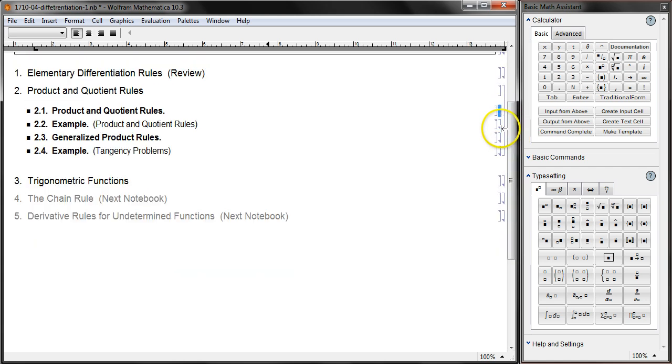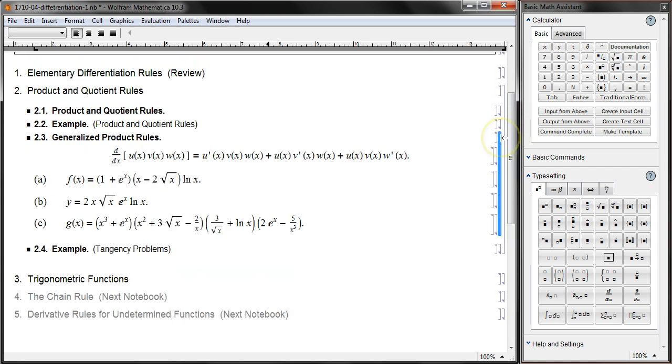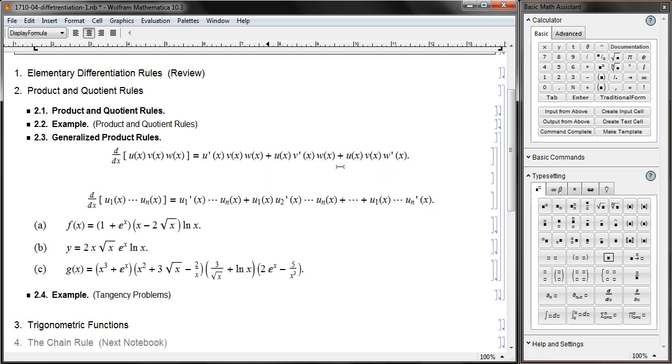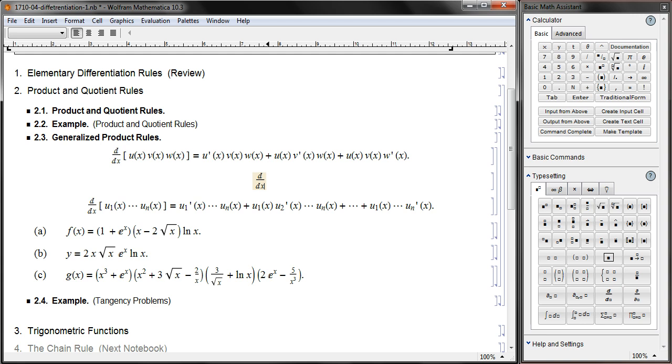How about the generalized product rule? This can be done by repeated application of the product rule. It works like this. u of x times v of x times w of x.